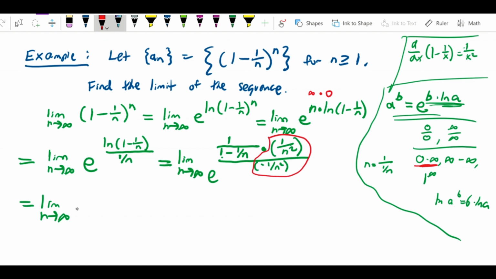So this is going to be e to the 1 over 1 minus 1 over n times negative 1. I can really just put the negative here, and that's the simplified expression. Now I can simply take the limit as n approaches infinity. This is equal to e to the negative 1 over 1 minus 0, which is equal to e to the negative 1, or 1 over e.